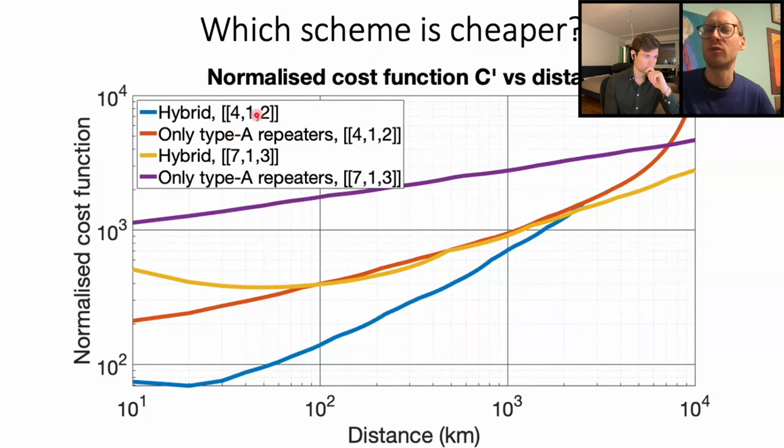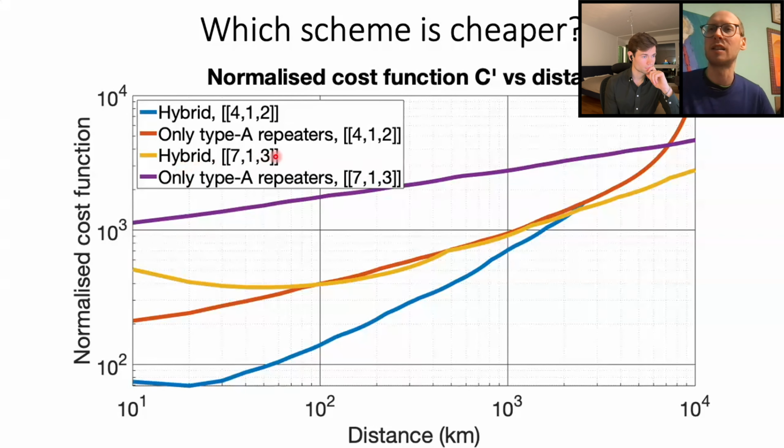And then at some point, if you want to go to larger distances, this 412 concatenation is becoming too weak, meaning the blue curve starts overlapping with the red curve and they shoot up very fast, which means that if you wanted to still work only with schemes that use these 4-qubit repeaters, you would need to place them very, very densely, and that's why it shoots off so far.